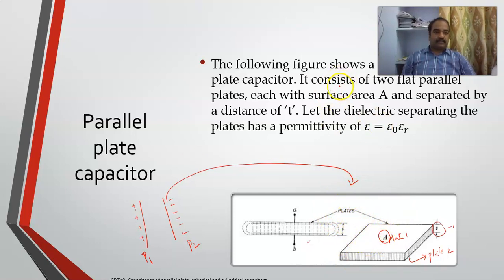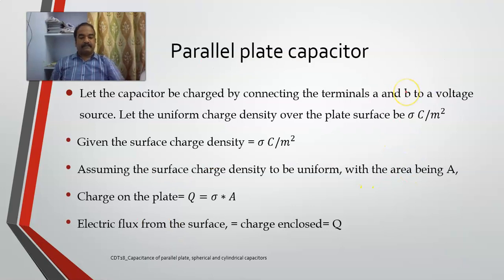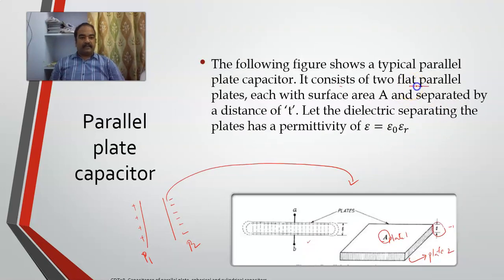The following figure shows a typical parallel plate capacitor. It consists of two flat parallel plates, each with a surface area A and separated by a distance t. Let the medium separating the two be a dielectric medium with permittivity epsilon.